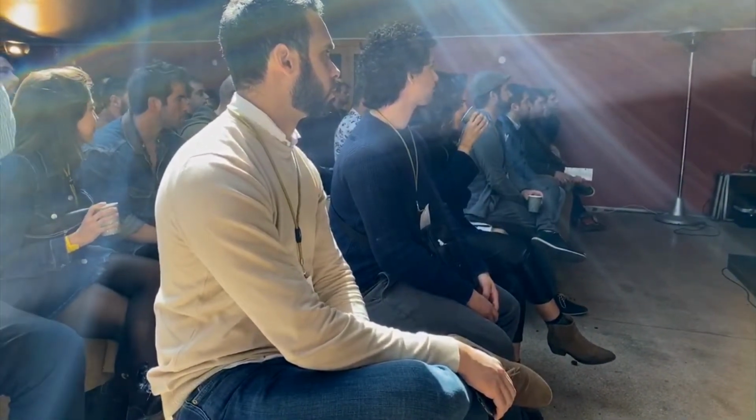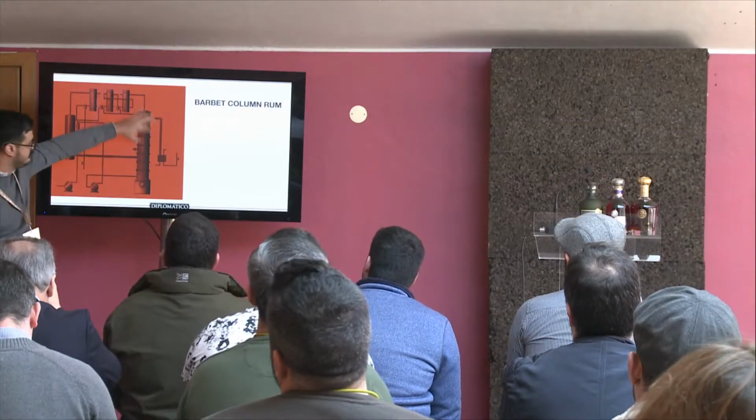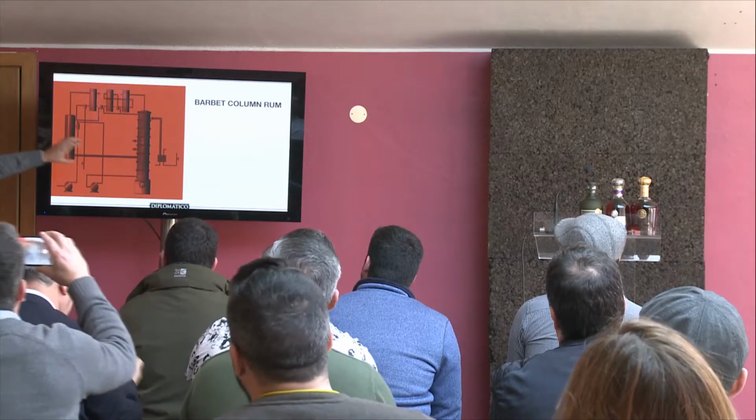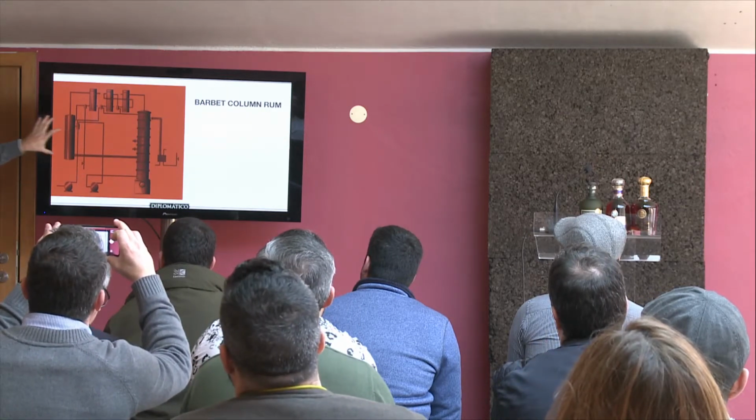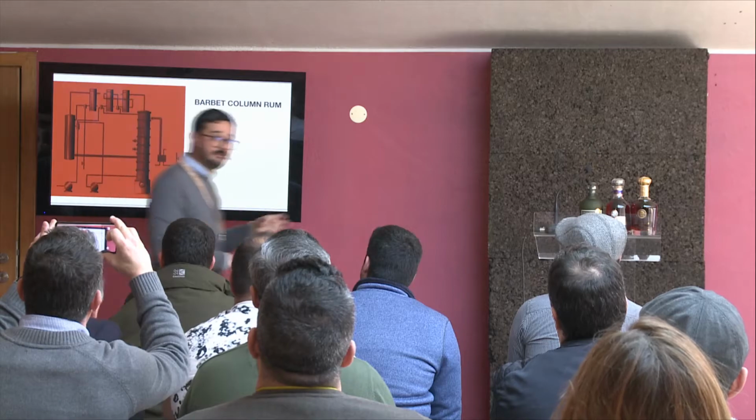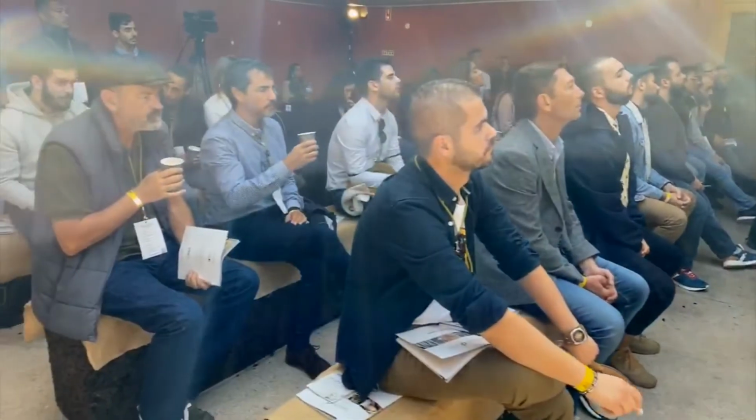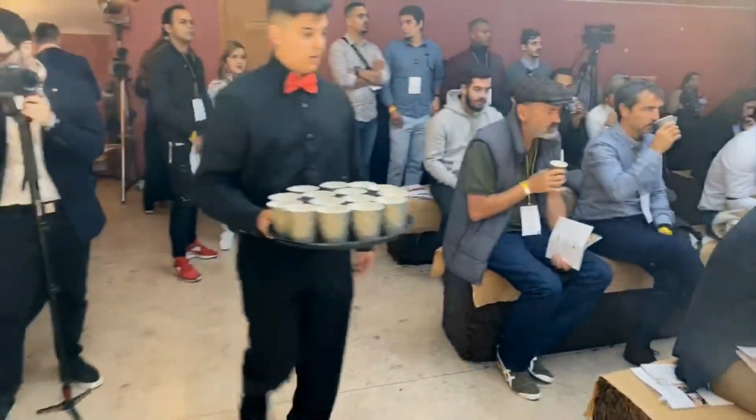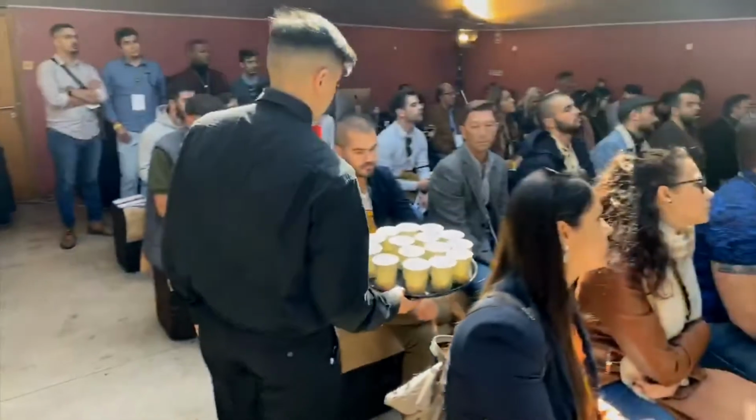I don't know if the other guys can see me here, but in the barbette you have the same column, 56 plates. And here we have a condenser. So what happens? The esters are heavier than the alcohol. When you distill, all the esters remain here when you make the cuts. Usually you make the cuts over here.